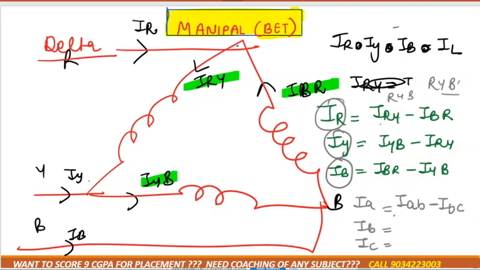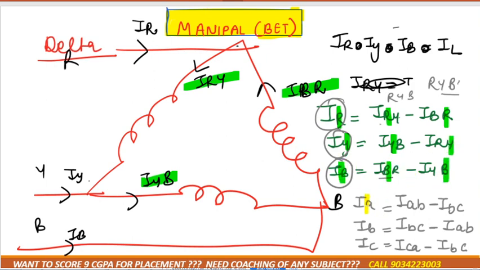Okay. So in this case, IB would be how much? IBC minus IAB, right? IC would be how much? ICA minus IBC, correct? See the pattern.